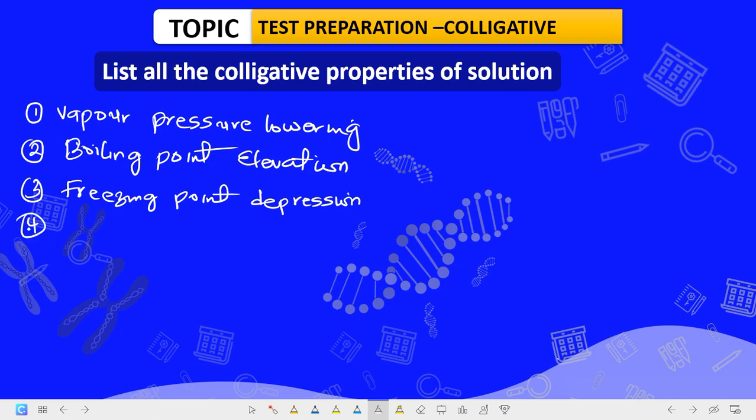And then we have osmotic pressure. So these are the colligative properties. I believe this is not new to any one of us. Boiling point elevation, freezing point depression, and osmotic pressure.